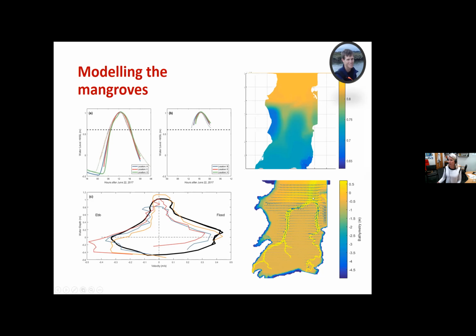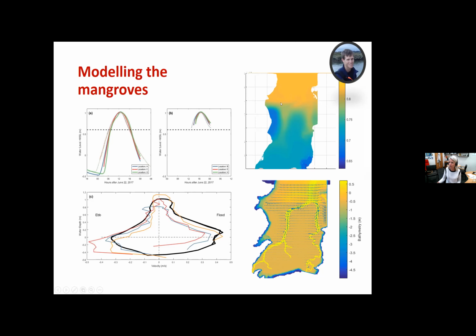And so what was happening here was that the 2 channels that drained the mangrove area, the channel network that drained it, were basically channelizing the flow, and it wasn't flowing through the vegetation barely at all. And so the frictional effect of the mangroves was pretty irrelevant. And in fact, he could make the mangroves even more frictional or more dense in the model, and all it did was channelize the flow even more.